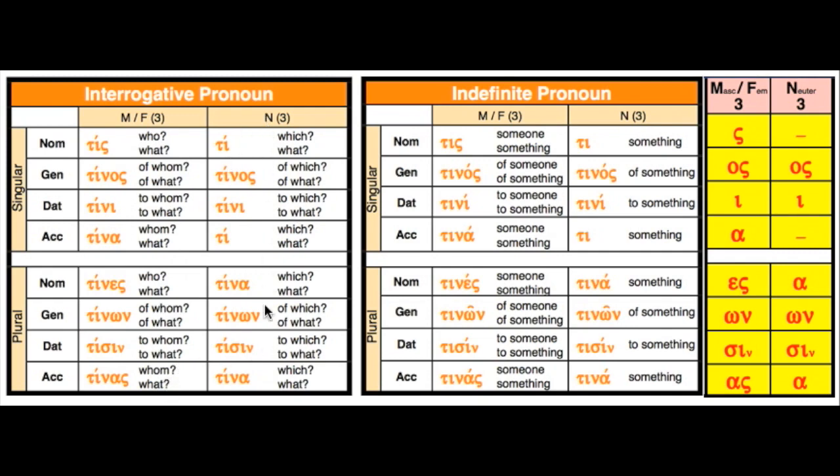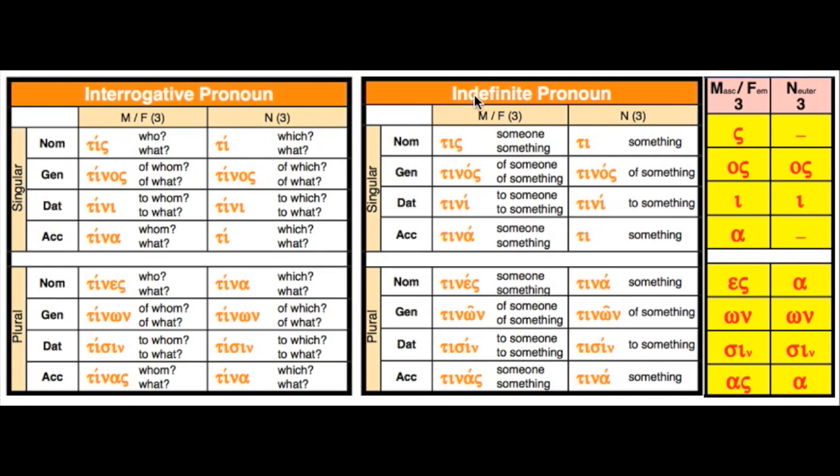Notice in the neuter then, you take the neuter third declension endings and tack them on to the stem here, and it becomes ti, tenos, tini, ti, tina, tinon, tisi, tina. Notice if it were neuter, we would say which, not who. The who would have to be masculine or feminine. So we get a little bit of a clue from the gender in the Greek.